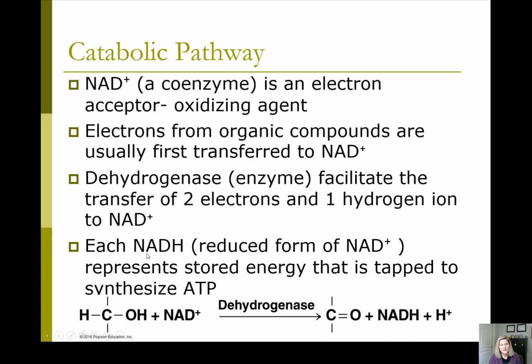So each NADH molecule is going to represent that stored energy that's tapped in the synthesis of ATP, because it carries those electrons. Once those electrons are lost, okay, then it will undergo its own reaction to return to NAD+.